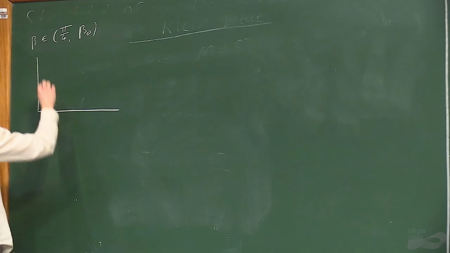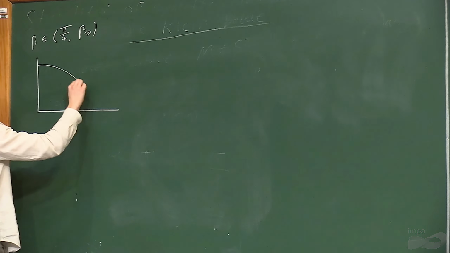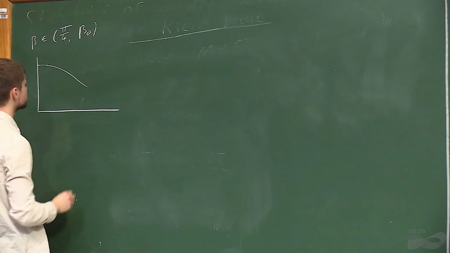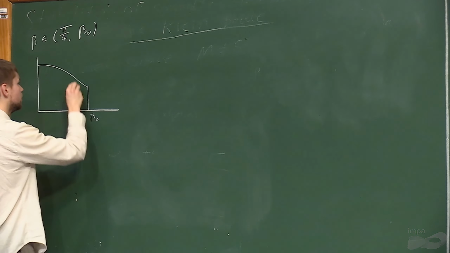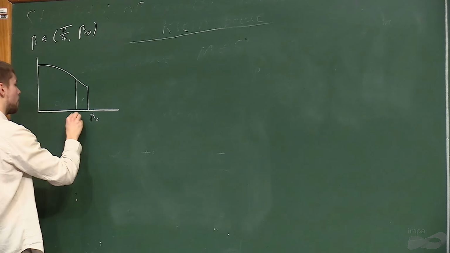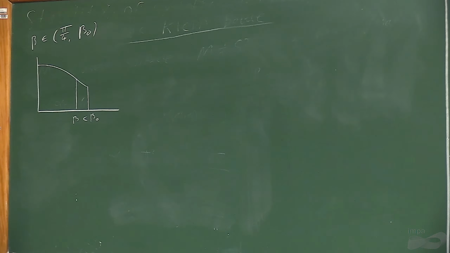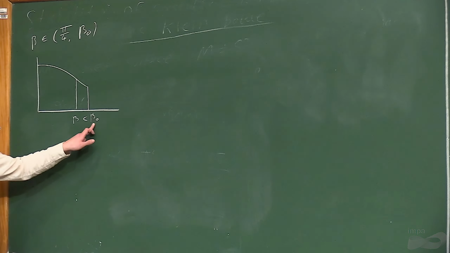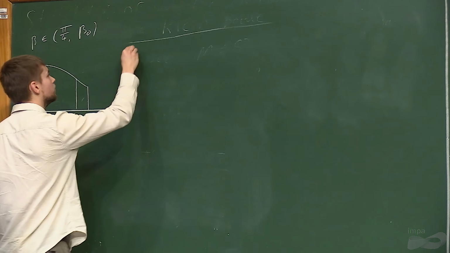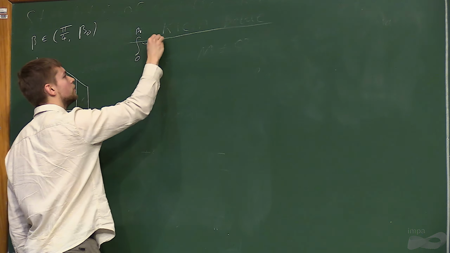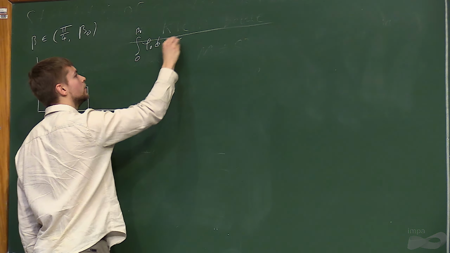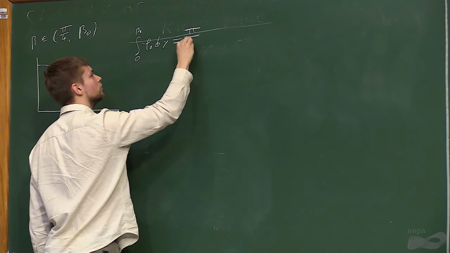And the graph of this function phi 0 looks somewhat like this. And if we have the value beta 0 here and some value beta below it, then this value beta 0 is precisely the value for which the integral of beta 0 of phi 0 dy equals pi over 4.